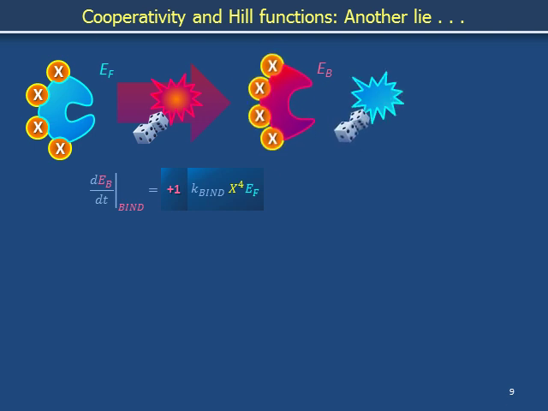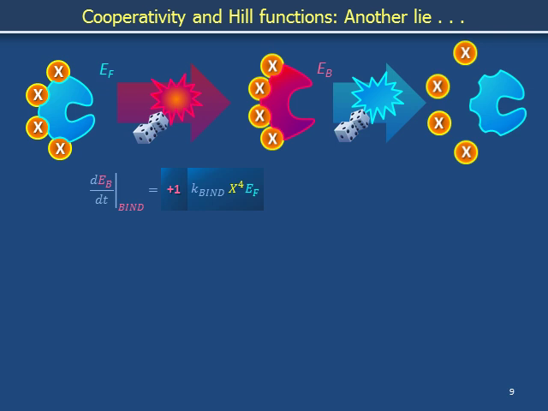The tightly bound enzyme wriggles and jiggles. Occasionally, the entire complex can distort to the point that it blows apart. The time rate of changing the bound enzyme population E sub B, specifically through this unbinding reaction, is equal to the product of the rate of change of the number of bound enzymes with respect to the number of unbinding reactions R sub U that have proceeded since some reference time, multiplied against the time rate of unbinding reactions.